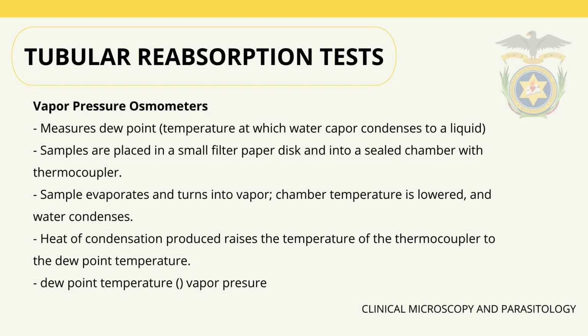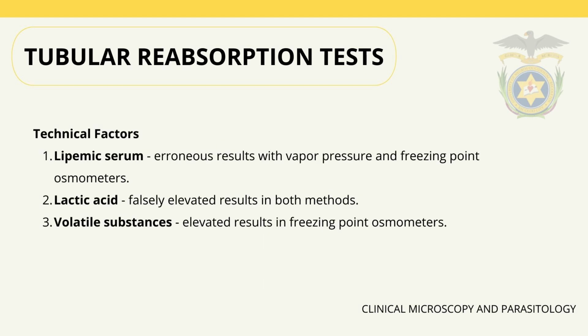The heat of the condensation produced raises the temperature of the thermocouple to the dew point temperature. Usually, vapor pressure osmometers are used primarily to analyze serum and sweat microsamples for disorders not related to renal function, such as cystic fibrosis. Technical factors that should be considered when testing for tubular reabsorption are as follows.